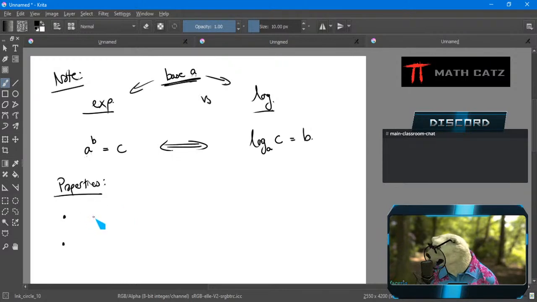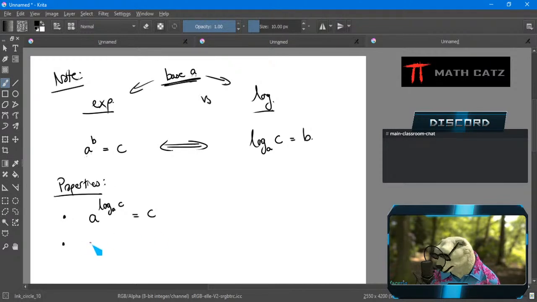So I can now rephrase some of those initial properties by understanding this relationship or just by memorizing and looking at it as inverse functions, of course. I can't remember which one I did first. I'll just do this one. If I have an a and I raise it to the power of log base a of c, what am I going to get? I'm going to get c again because they're inverse functions. Or you can say, well, this log represents the exponent for a that would give me c. I then raise a to that power, so I should get c.